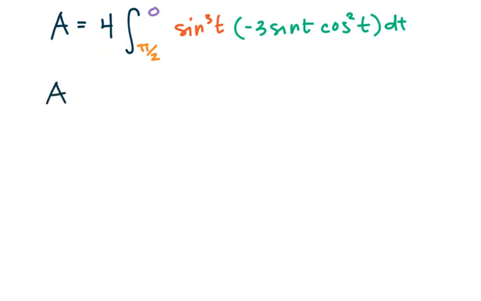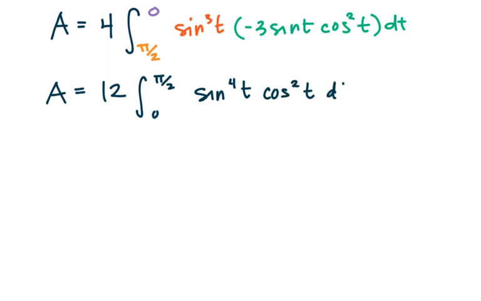So I'm going to rewrite this and say A equals 12 times the integral from 0 to pi over 2. And again, the -3 came into the front with the 4, giving -12, and then I flipped my bounds, which negated my -12. We've got +12. So I've got the integral now of sine to the 4th t times cosine squared t dt.